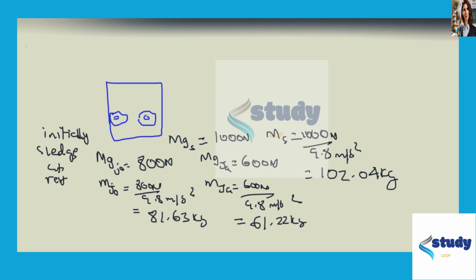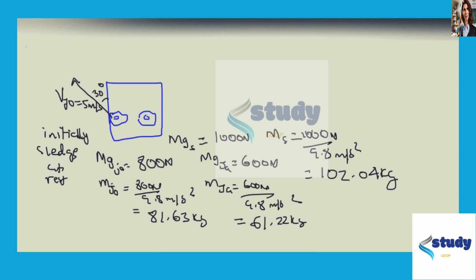Then they see a poisonous spider, and Jonathan, who happens to be on the left, jumps towards the left with a velocity of 5 meters per second. So this is Jonathan jumping towards the left with a velocity of 5 meters per second, and the angle is 30 degrees.